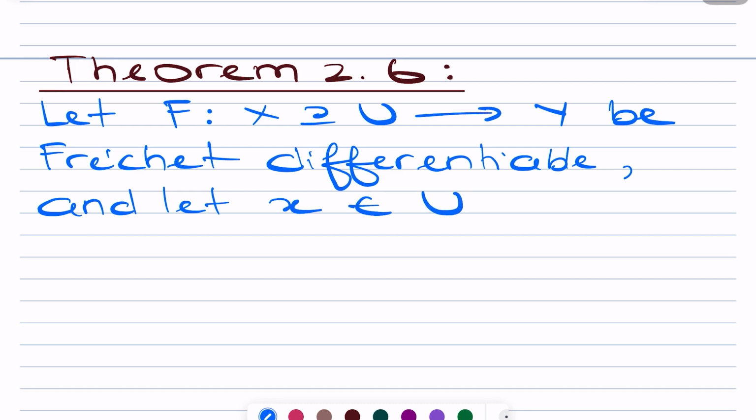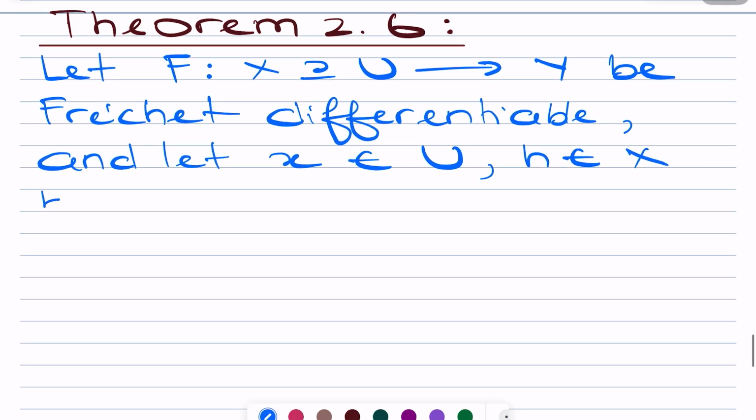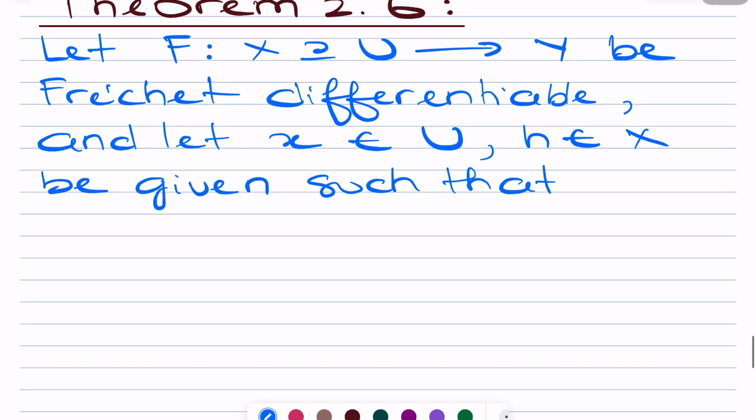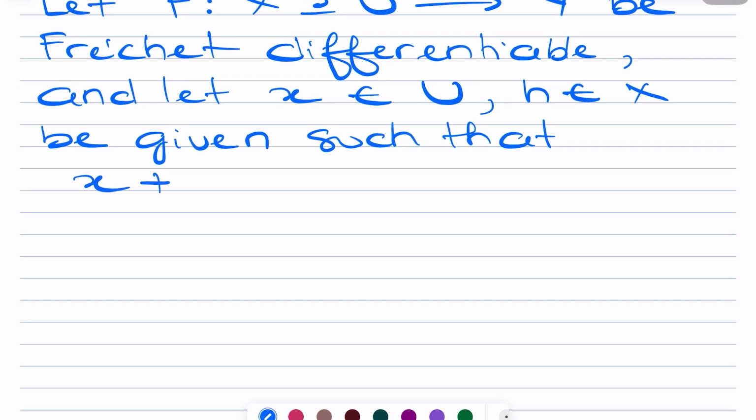and let x in U and h be a direction in X. Assume that those are given, such that you also need to make sure that x plus th is actually a feasible direction, so that this sum is actually in U for every t in 0, 1.